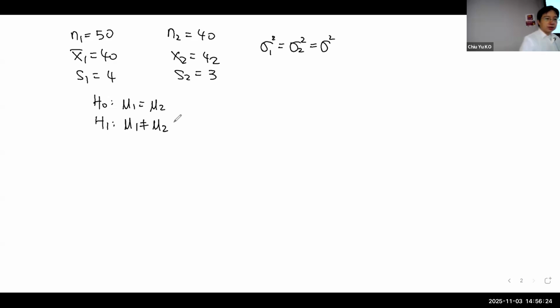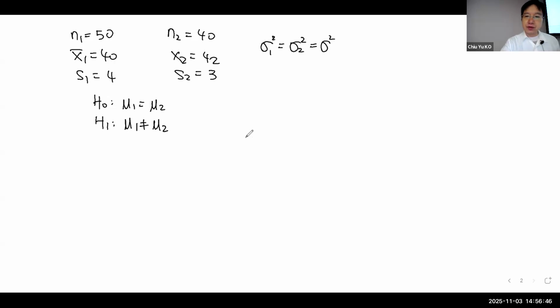So we want to see whether they're the same or not. If x1 is bigger or less, it's the same thing, but we put alpha over 2 on both sides, or put it on one side. So that will be the same thing. Let us see how we do it.